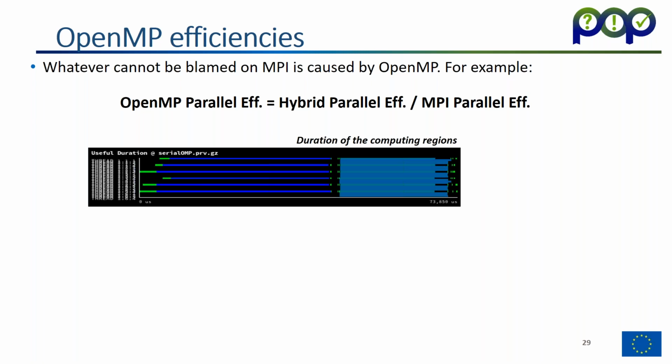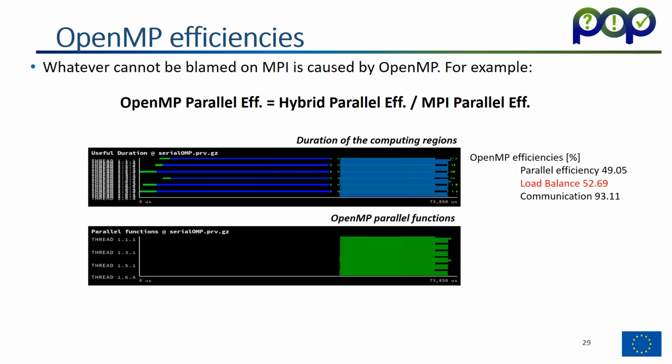In these examples, using the numbers of the previous slide, I get the values and I see, well, OpenMP efficiency is low, the parallel efficiency, and the reason is clearly load balance, as I expected. I can look at the parallel functions to understand what's going on, and I can see there is only activity of parallel functions on the right of the picture, meaning that the first phase was not parallelized with OpenMP.